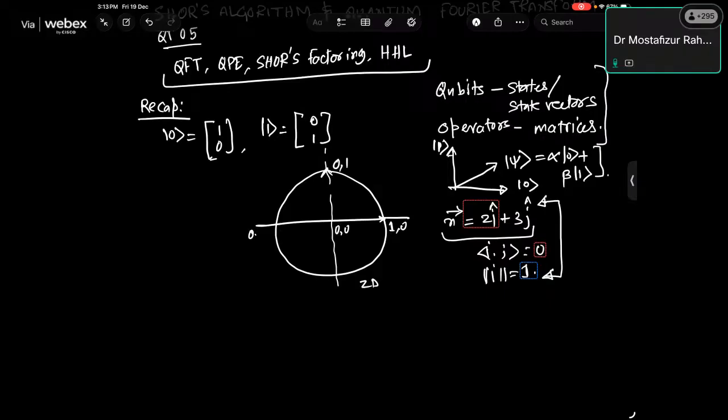This is (0, minus 1), and this is the (minus 1, 0) point. And this (1, 0) coordinate, we typically write in vector form as (1, 0) this way, and this we write as the vector (0, 1).